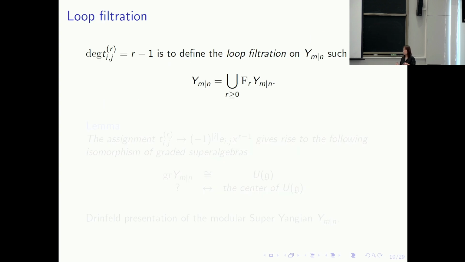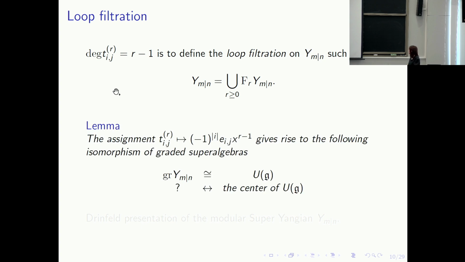Now in positive characteristic, we have defined the modular super Yangian. Also, we have the restricted Lie superalgebra. Then we can define the degree of the generator t_ij^(r) as r minus 1. Then it gives the loop filtration on the modular super Yangian.